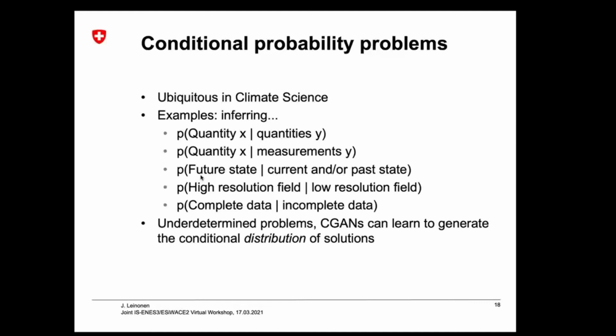So we could try to model a complete data set from incomplete measurements. And these are all underdetermined problems, and conditional GANs can learn to generate the distribution of solutions of the target variable with respect to the inputs that we have.